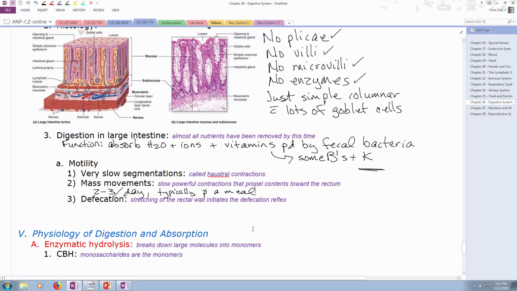Defecation is brought about by baroreceptors. Stretching of the rectal wall will initiate a reflex called the defecation reflex. This will cause an automatic relaxation of our internal sphincter, plus contraction of the muscularis externa of the sigmoid and rectum.